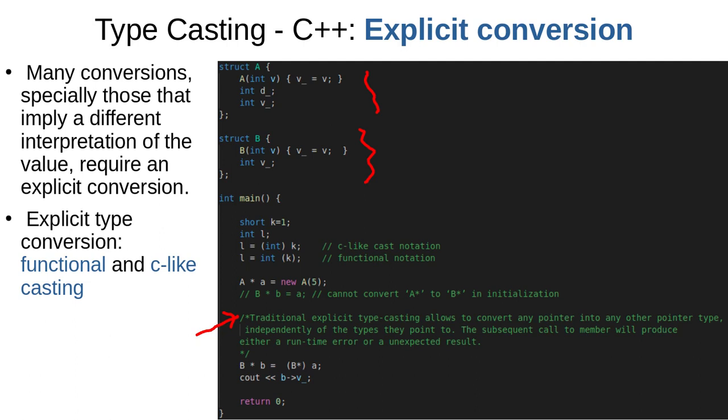So here we are casting a of type A star into P star pointer, which is a completely different type, and so trying to access it gives undefined results. So you have to be careful when casting a pointer to another type of pointer.